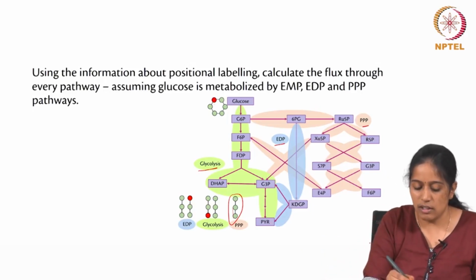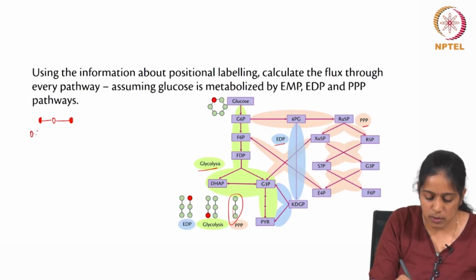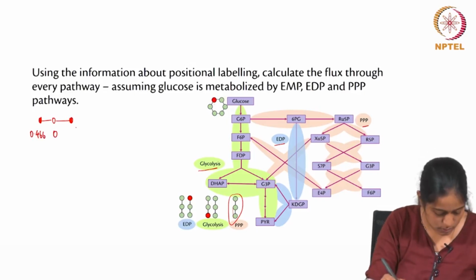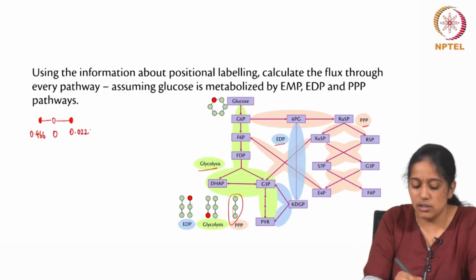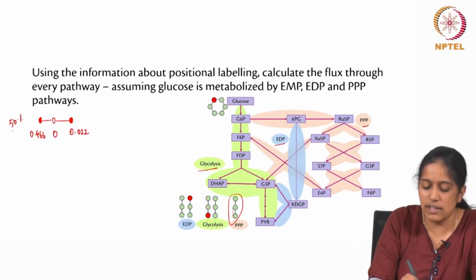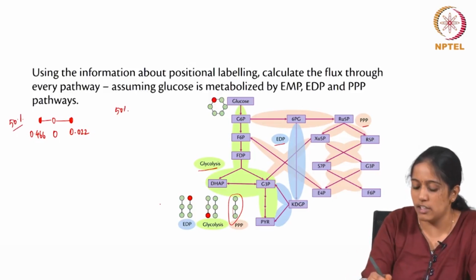So, now we take this labeling pattern. This was 0.466, this was 0, this was 0.022. So, this was 50% of the fraction. There was another 50% which was unlabeled from the data that we had.